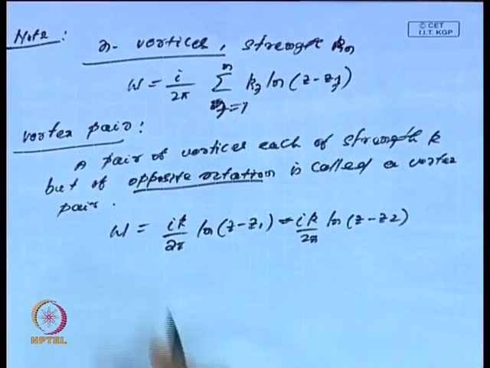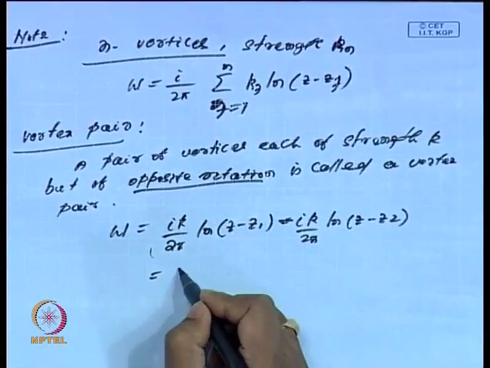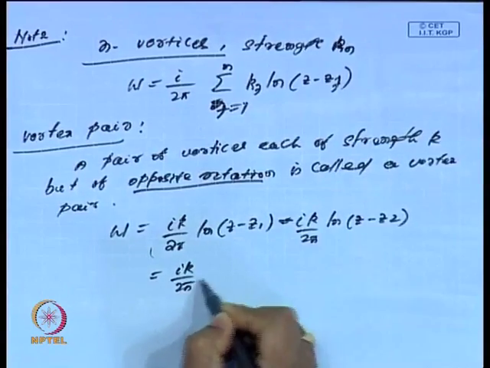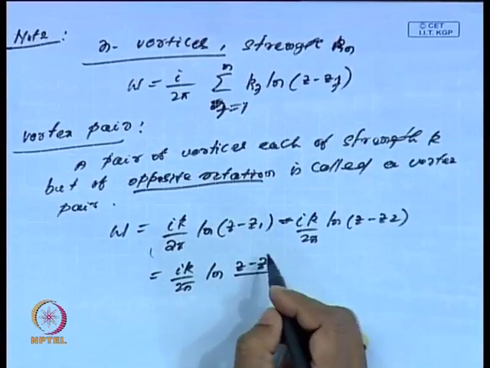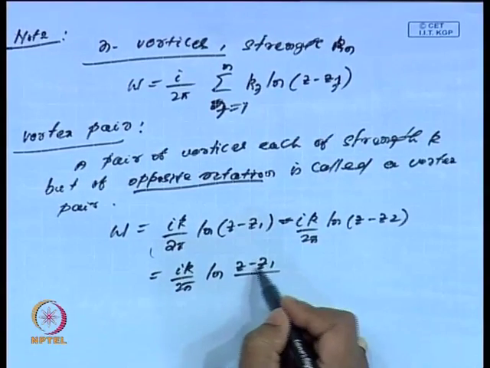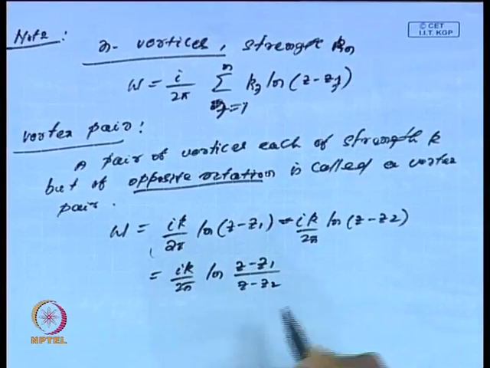This can be written as i k by 2 pi log of z minus z 1 by z minus z 2.